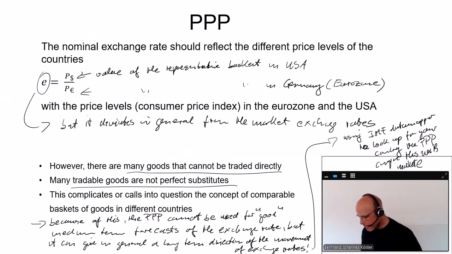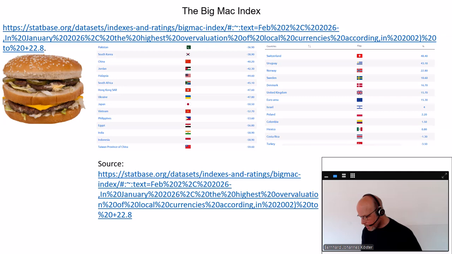Yeah, and then the last one is that some guys from The Economist invented maybe a quite easy way to have a proxy for this purchasing power parity, and the funny name is called the Big Mac index.